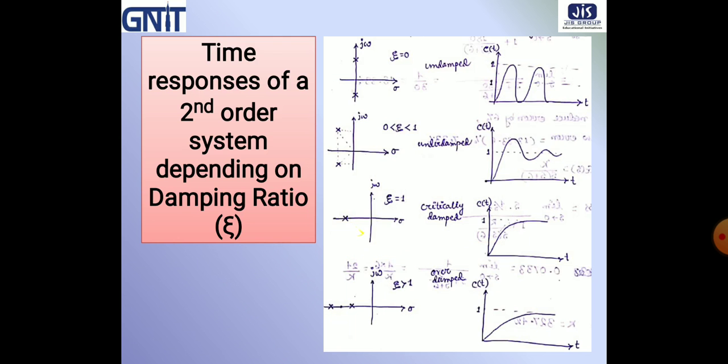So only one pole in the negative real axis will be there. And for the critically damped case, the time response will be like this, and it will saturate after a certain time.